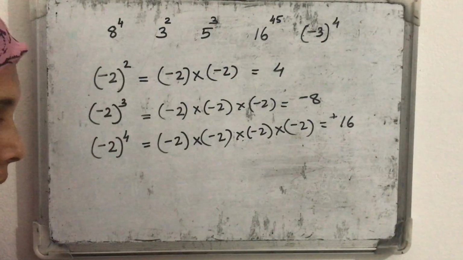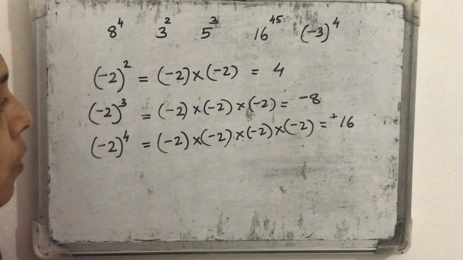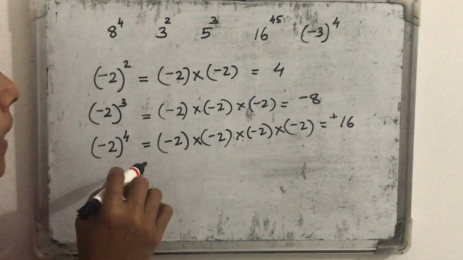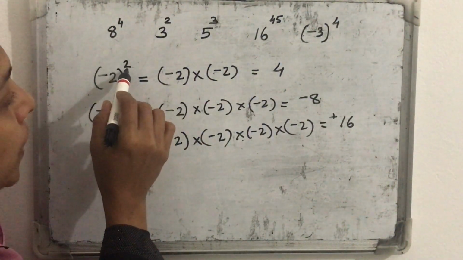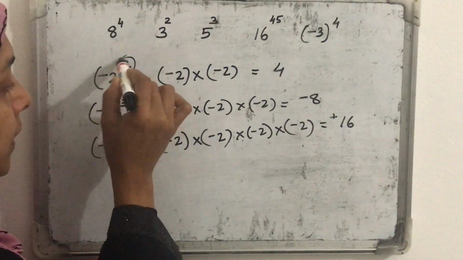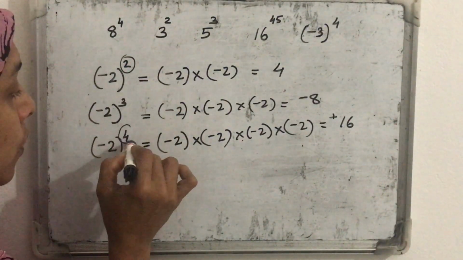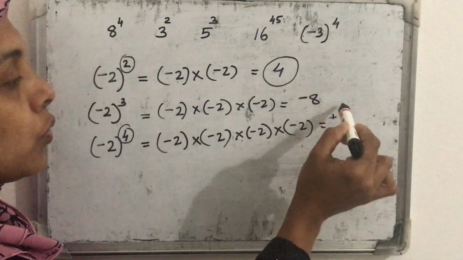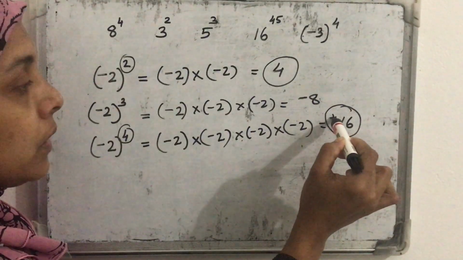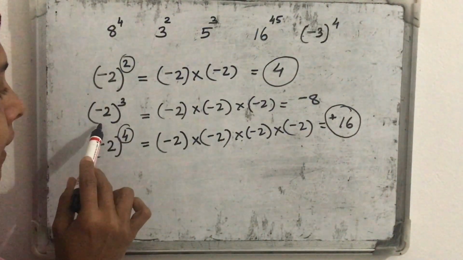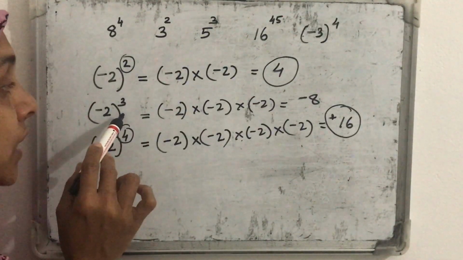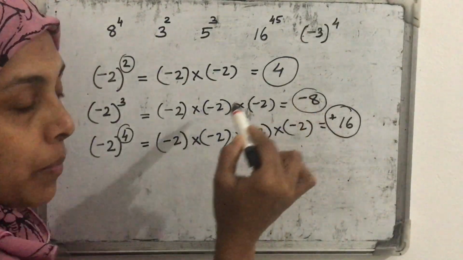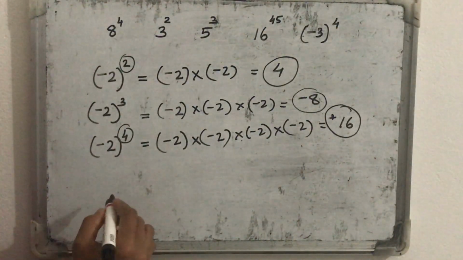So we can reach a general form. If the base is negative and if the power is an even number, like 2 and 4, then its value we got positive or negative? Positive. Now for a negative number, if the power is an odd number, then its value will be negative. So that is a general form.